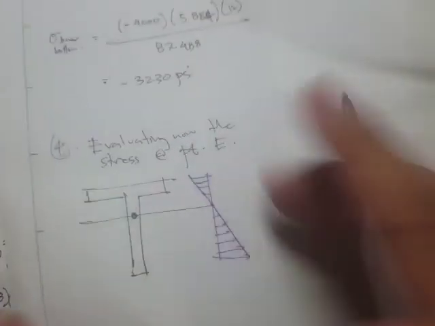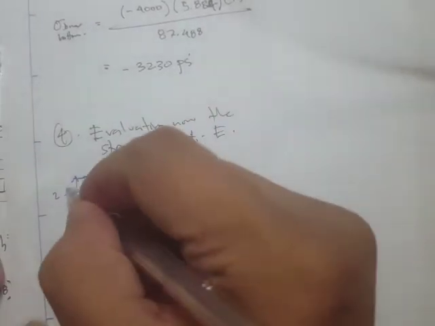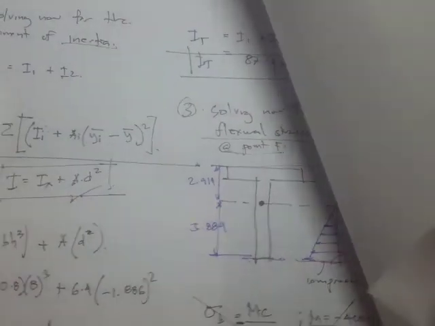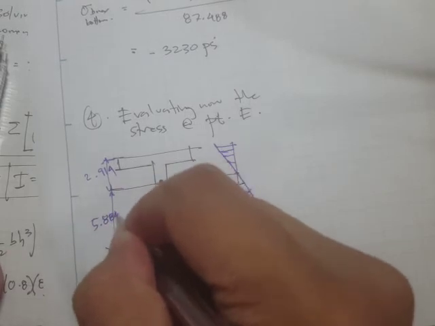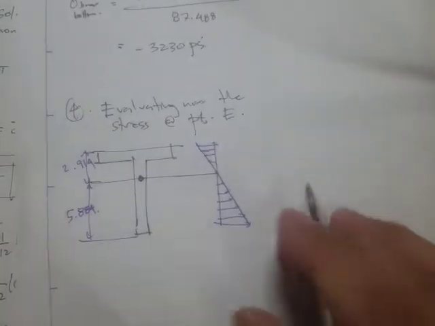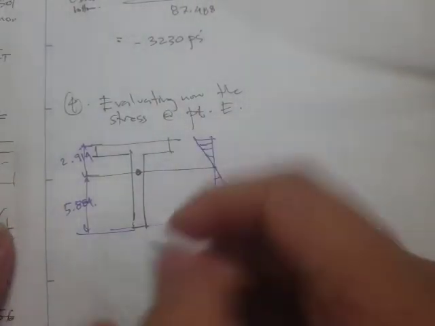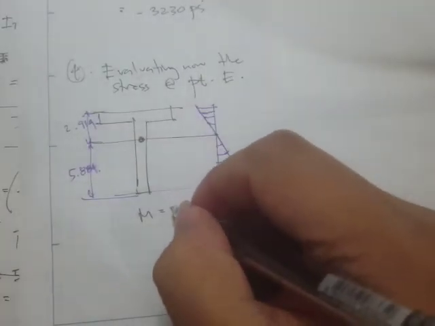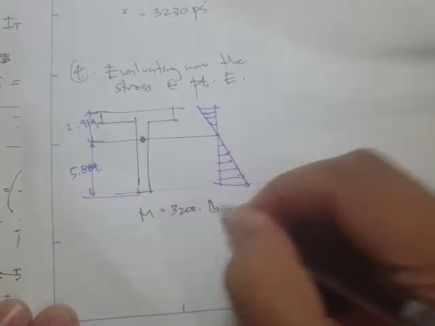We have 2.914, and we have 5.886. Okay, so that's it. And the moment, we need to write the moment. The moment is positive, so let's write here M is equal to 3,200 pound-foot.